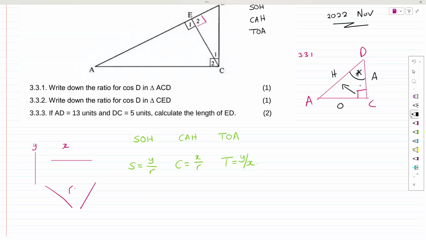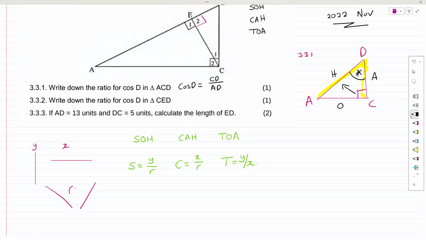Cos d would be equal to A over H. So it's DC over AD. Let's put it as CD over AD. All I did was I know that cos is adjacent over hypotenuse, so I took the two sides.